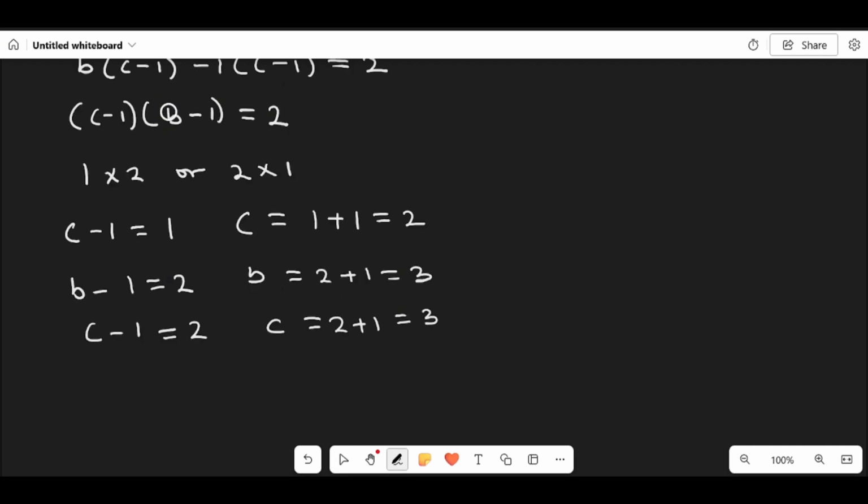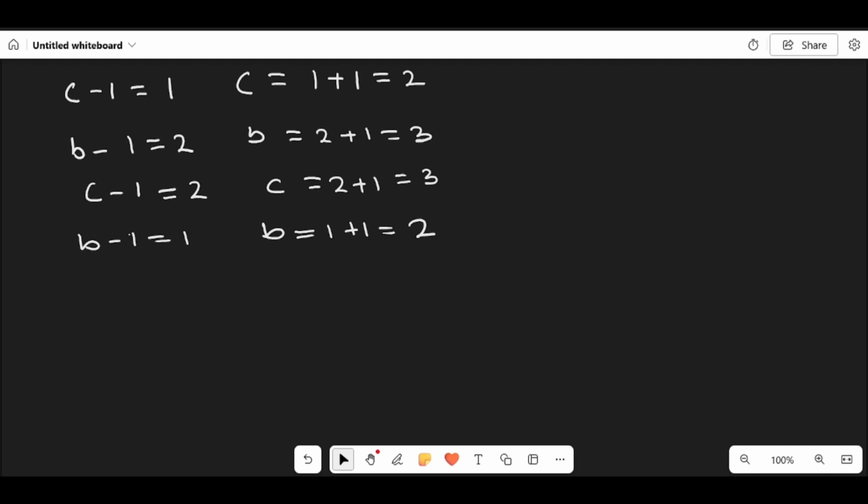And let us say our b minus 1 equal to 1. If you add 1 to both sides, b equal to 1 plus 1, which is equal to 2.